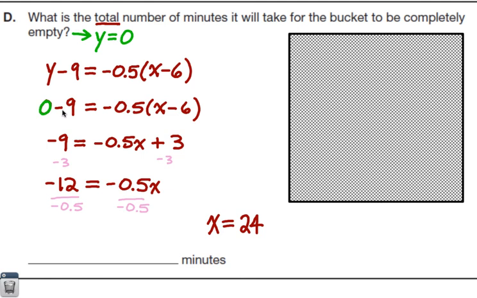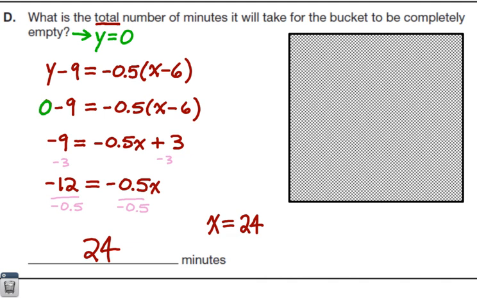Doing all this work, getting x by itself, and figuring out that the number of minutes, x, is 24. So that was the fancy way, just a rough overview of it anyway.